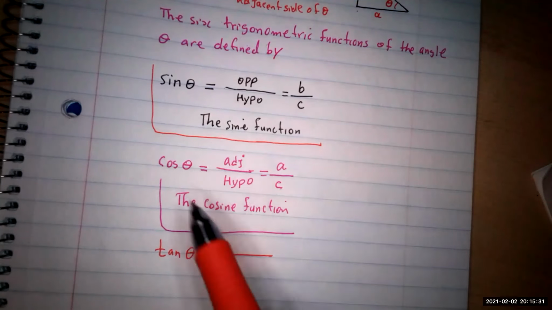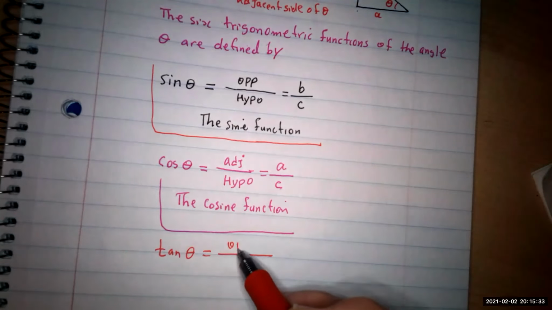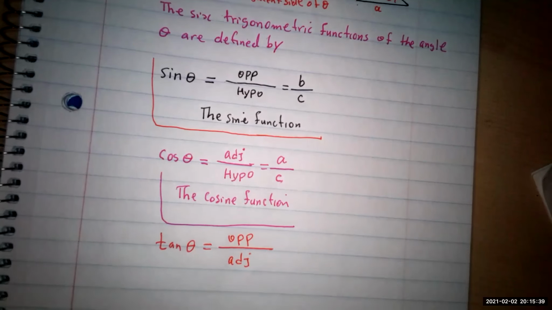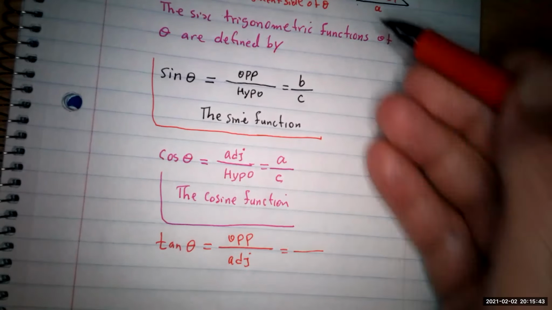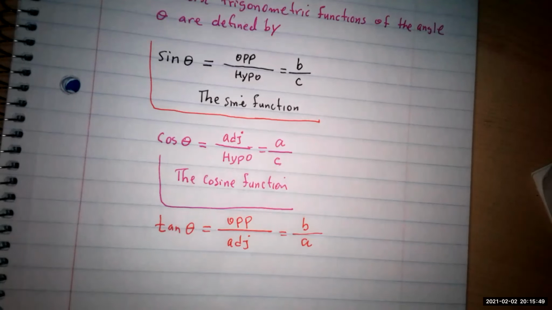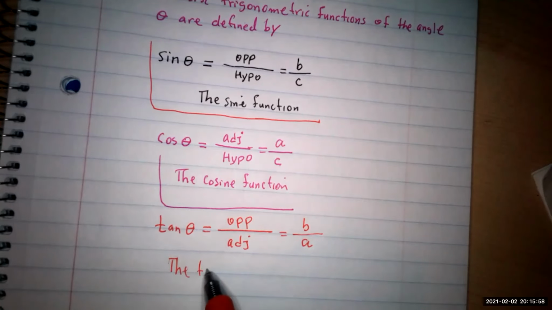So the tangent is going to be opposite over adjacent. In this case, the opposite is B, adjacent one is A. So that would be the tangent function.